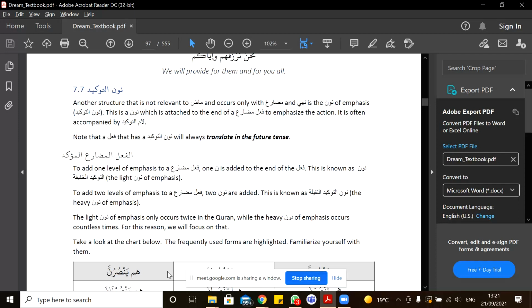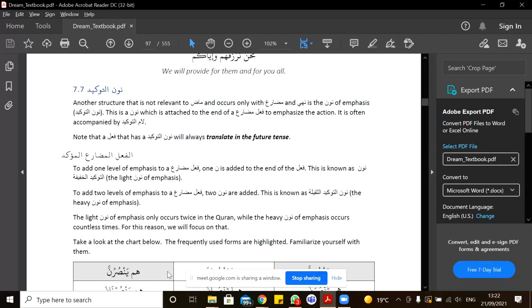Anta tansuru. Antuma tansurani. Antum tansuruna. Anti tansurin. Anti tansurina. Antuma tansurani. And antunna tansurna. Very good.